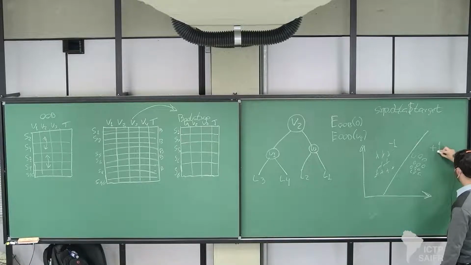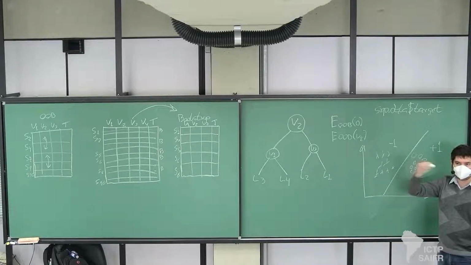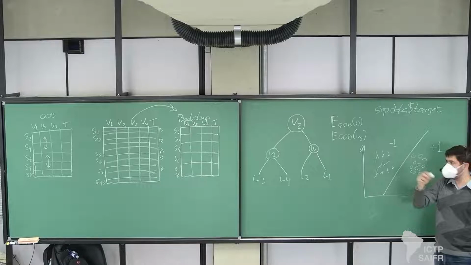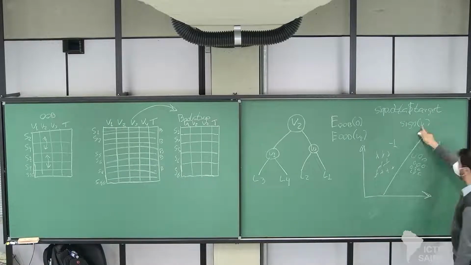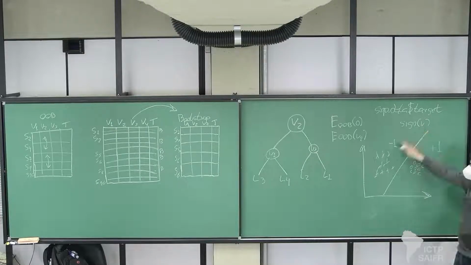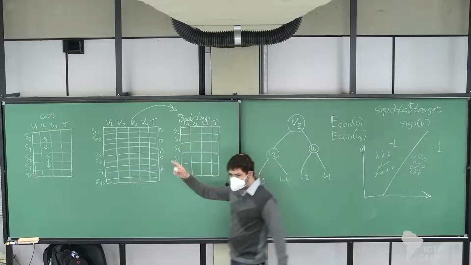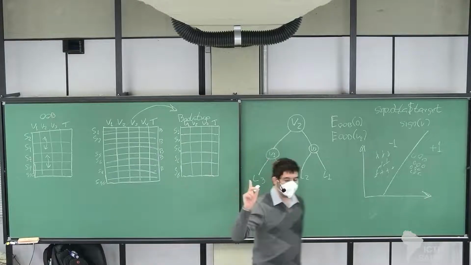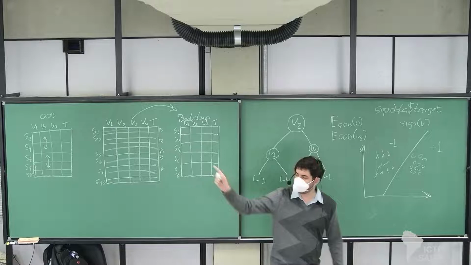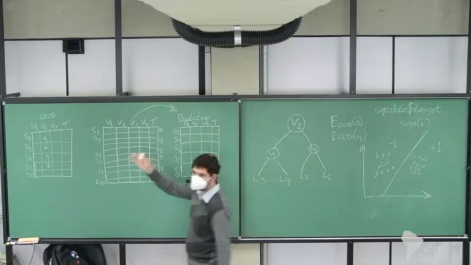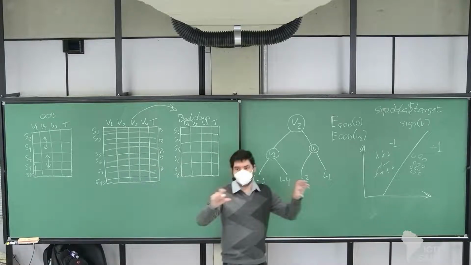That's why the sign function. I get a linear combination and pass it through this sign function. If V is a negative number, then the output is -1. If V is a positive number, the output is +1. And this places a hyperplane in our data. Actually, we are going to find the values of the hyperparameters to draw a line that separates the data.